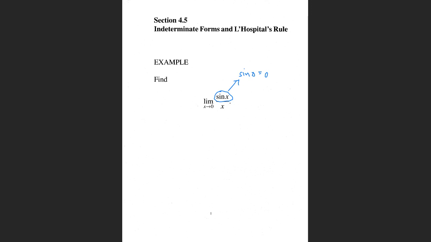Now, on the other hand, let's look at this function x. So what you have here is a function f over a function g. What is your g function? What does x approach as x goes to 0? It approaches 0 as well. That's right, Gabriel.